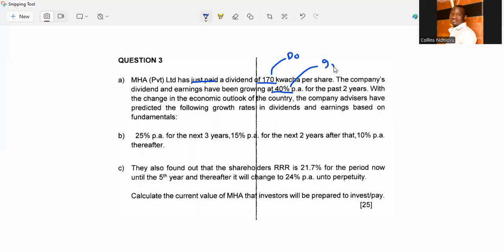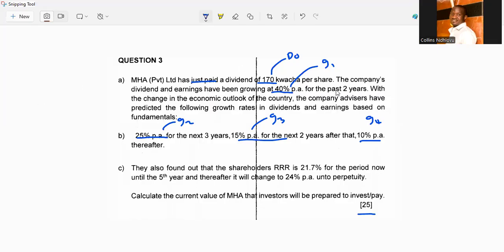The next 3 years, our G2 for phase 2 is 25%. The next 2 years, 15%, that is our phase 3. Then 10%, phase 4, G4. It was very complicated, that's why there are 25 marks. So you needed to understand the multi-phase very well.